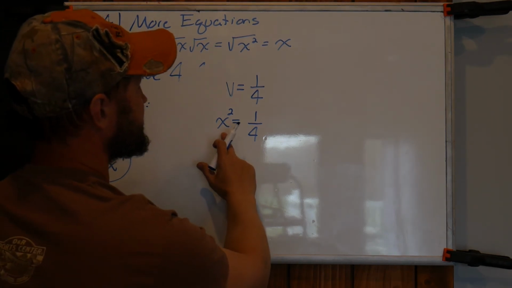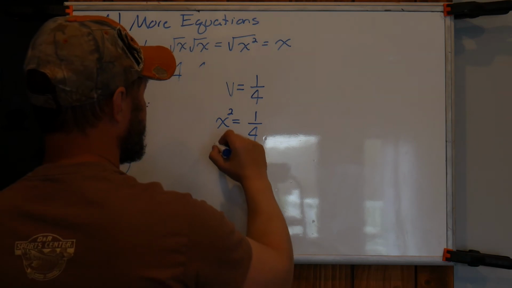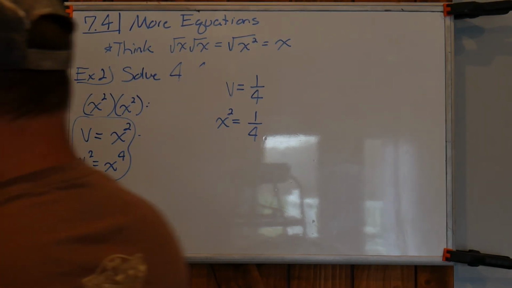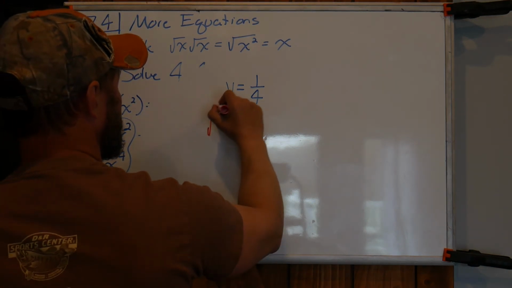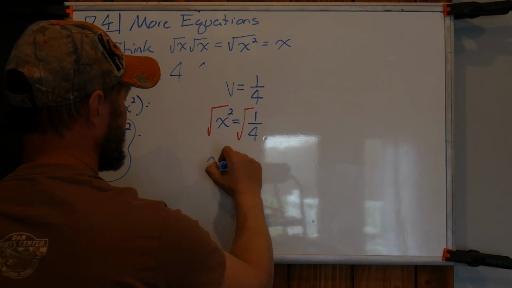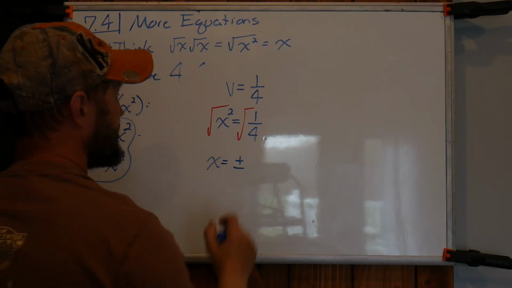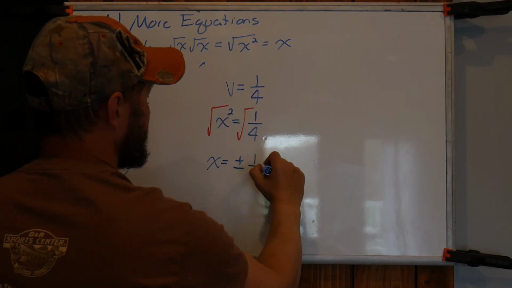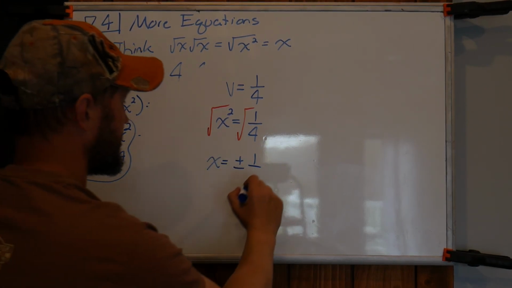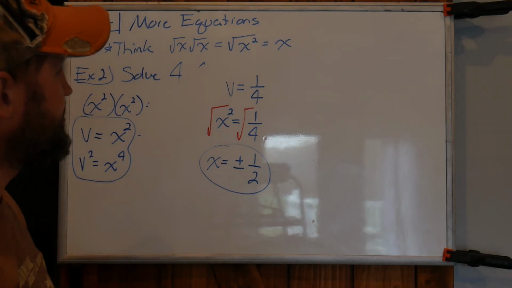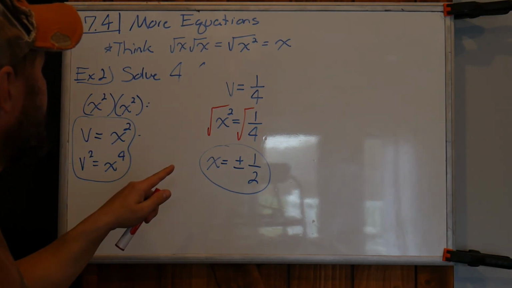So in fact, x squared equals 1/4. So now I need to take the square root of each side. When I do that, I get my x plus or minus. Square root of 1 is 1. Square root of 4 is 2. I have two possible x values for that one.